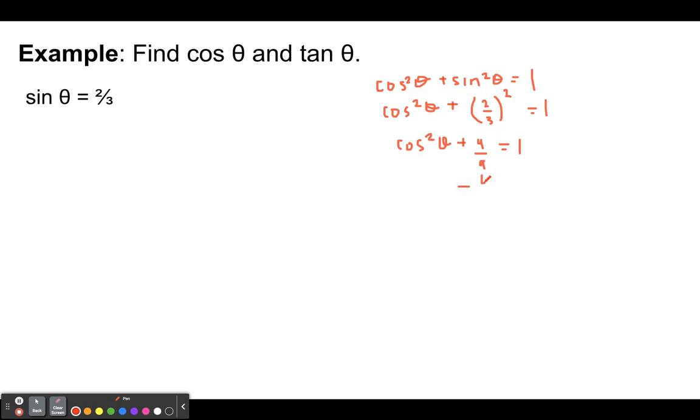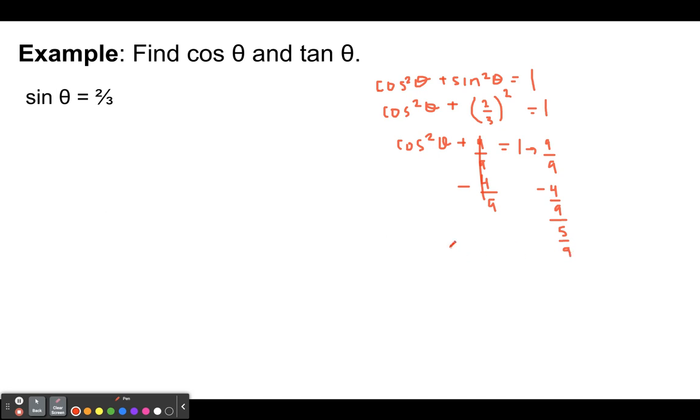I'm going to go ahead and take away 4/9. And because my denominator here is 9, I'm going to rewrite the 1 as 9 over 9. And then I'm going to take away 4/9 over here. And that's going to leave me with 5/9.